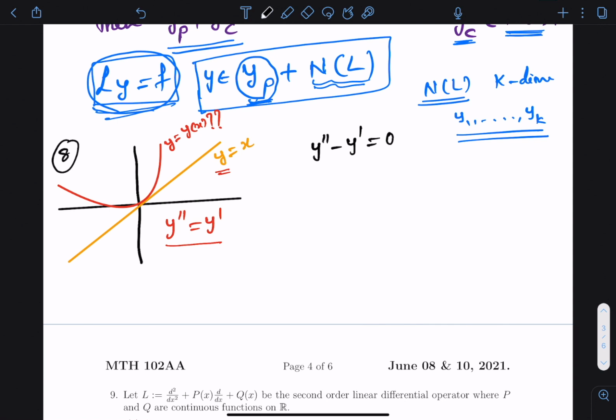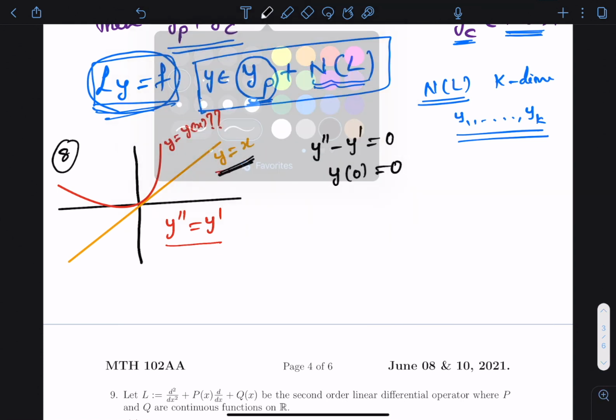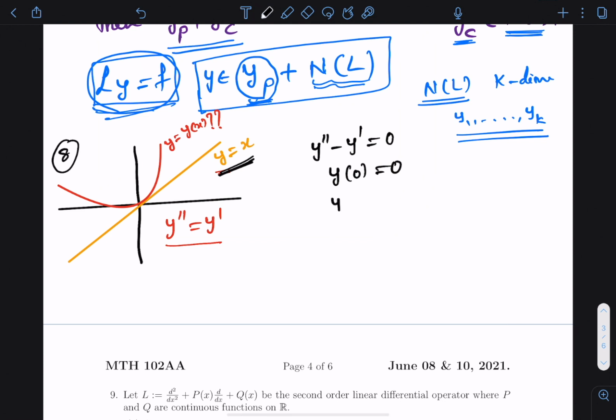So first of all, it intersects this line y equal to x at the origin. At the origin the value of this line is 0, so the value of y at the origin should be 0. Secondly, the tangent of this y evaluated at 0 should be 1, because the slope of the line y equal to x is 1, right? So that is the tangent to the given curve.